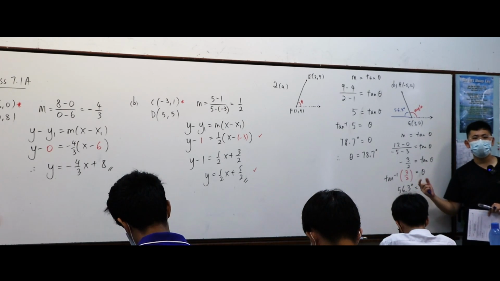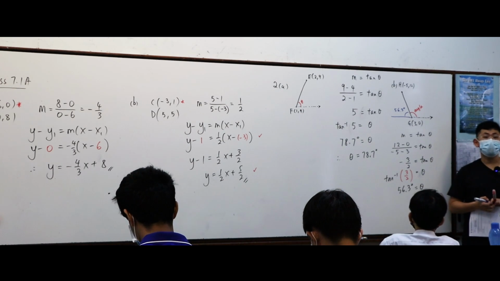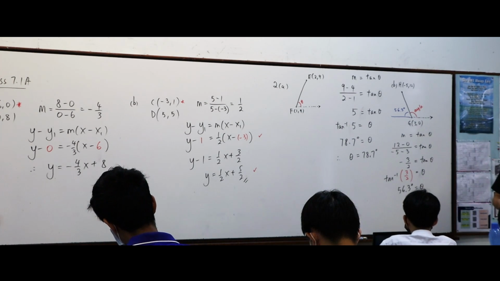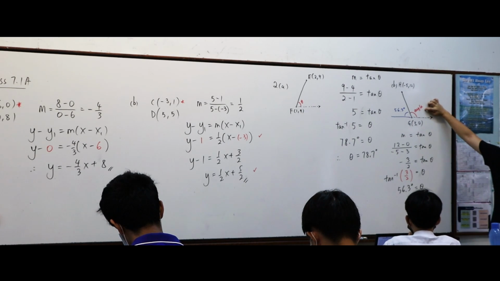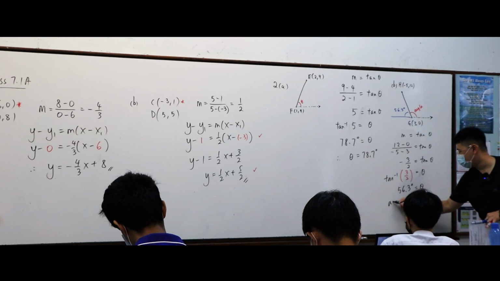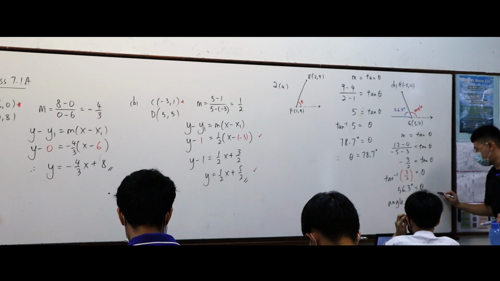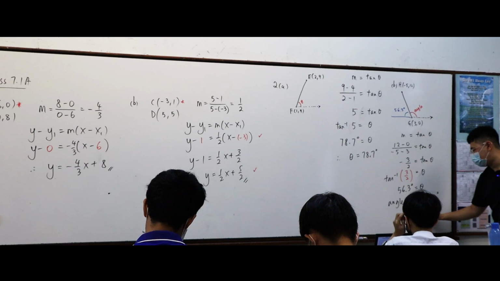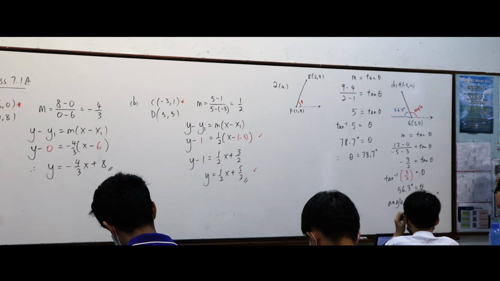I'll explain more when we come to chapter 10, the trigo chapter. Okay, so this is our 56.3 degrees. So what do you think is our angle over here? Okay, so the angle that we want is 180 minus 56.3 degrees. So this is 123.7 degrees. Okay, so this is the first way to answer this.